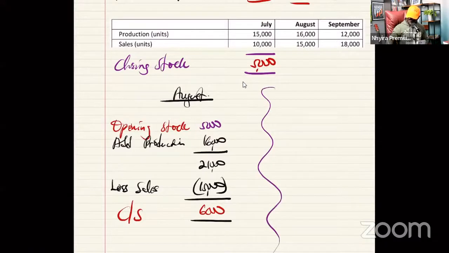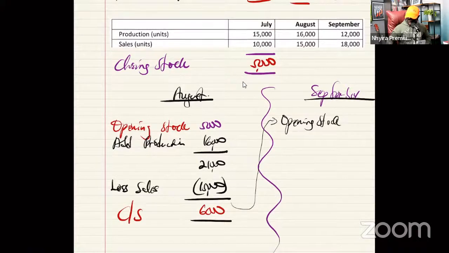If we go to September, using the same school of thought, the closing stock for August becomes opening for September. So opening stock in September is going to be 6,000.